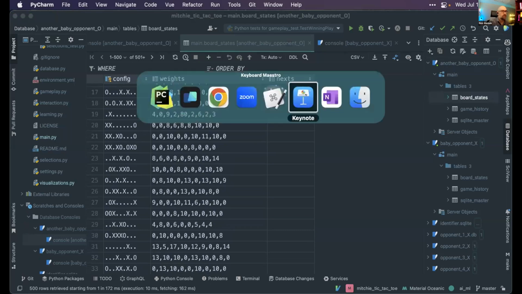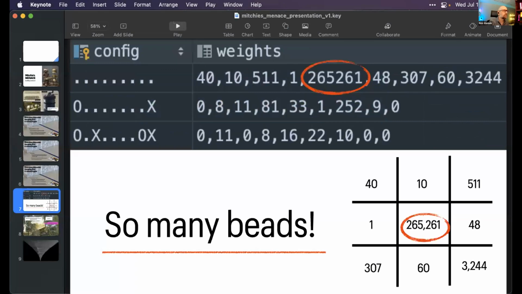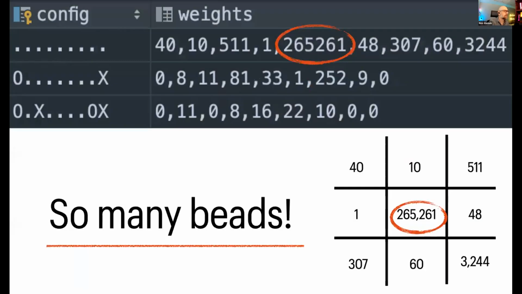So next steps would be implementing different algorithms for tic-tac-toe and for other things. The trouble, for those of you thinking ahead, with trying to implement something like this for chess, for example, is that in chess there's something on the order of 10 to the 40 or 50, I think, possible board configurations.